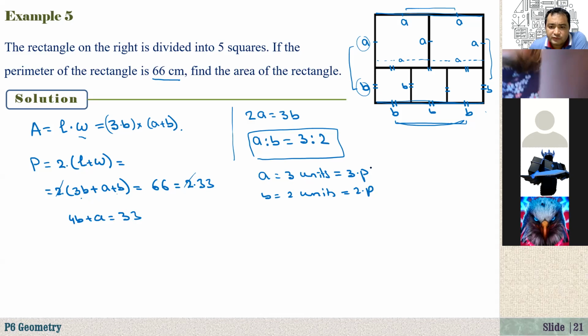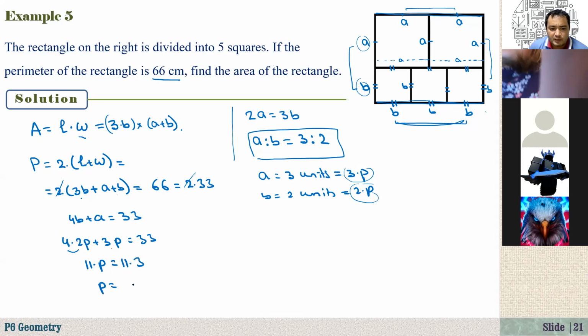Now a is 3 units, b is 2 units. If you substitute here, 4 times b, which is 2 units, 2p, plus a, 3 units, 3p, equals 33. 4 times 2 is 8, 8 plus 3 is 11p. 33 is 11 times 3.